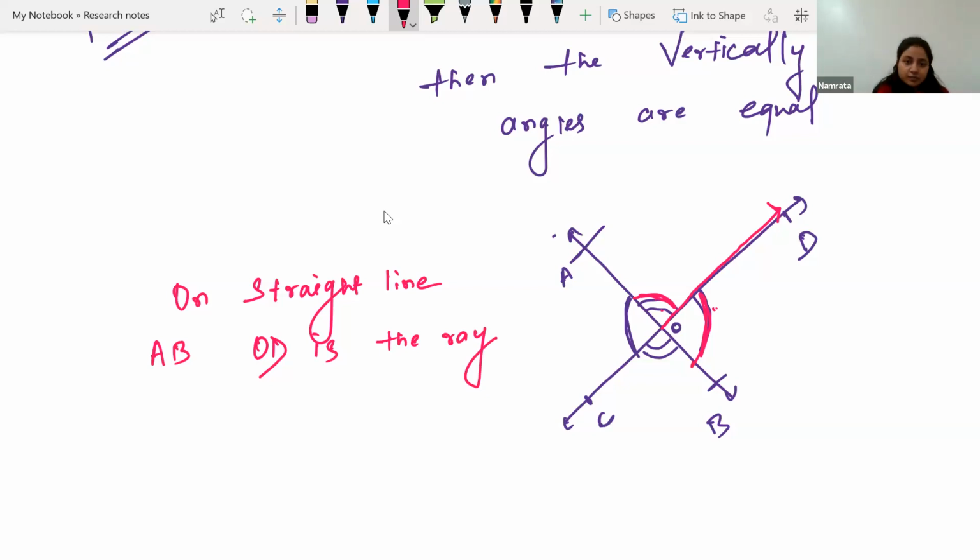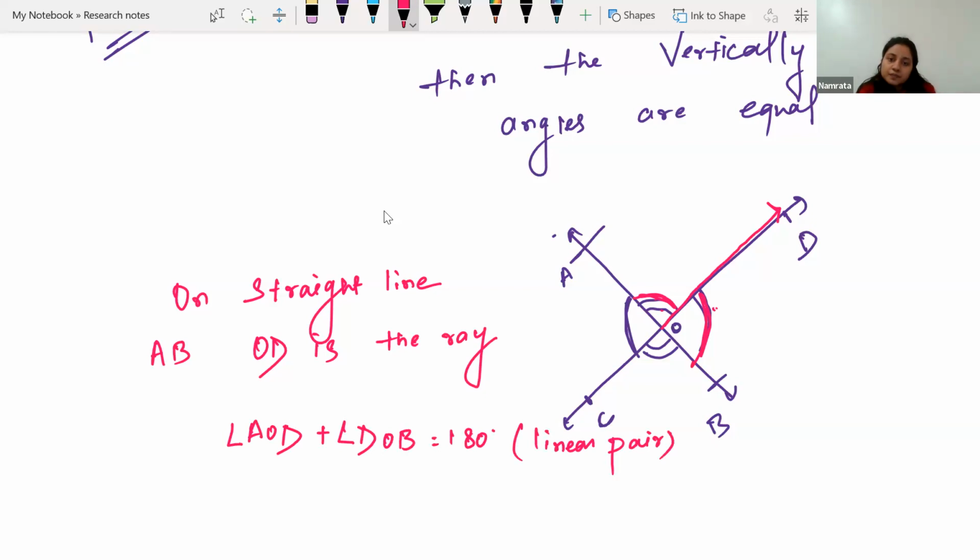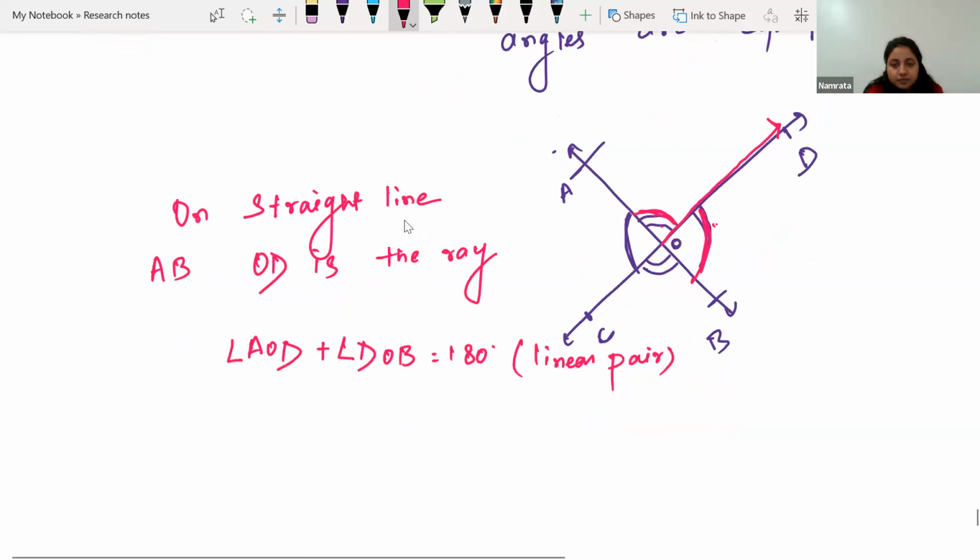So here we can say angle AOD plus angle DOB will be 180 degrees. We can call it linear pair also, right? Yes, ma'am.